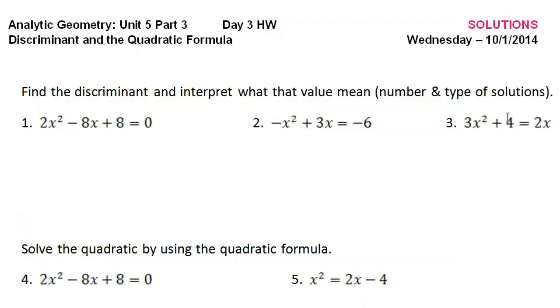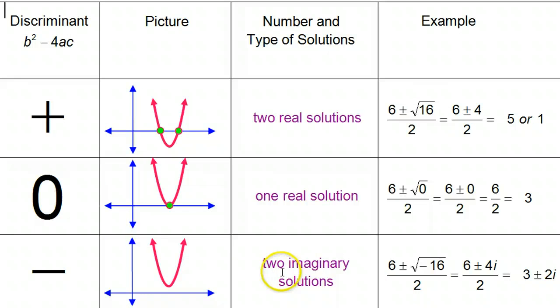So remember, this is what we learned about the discriminant. It's all about whether the discriminant is positive, 0, or negative. Keeping in mind that the discriminant is the number underneath the radical in the quadratic formula, it makes sense that if the discriminant is positive, like 16 for example, we're going to have 2 real solutions.